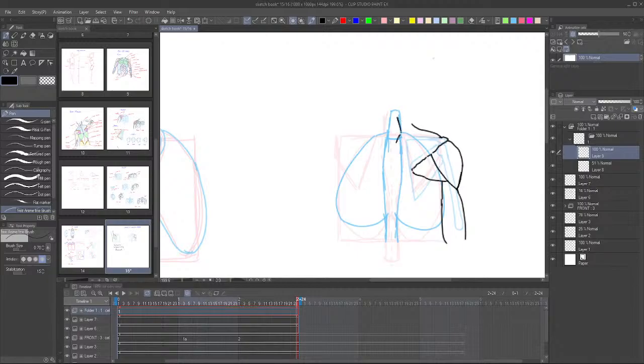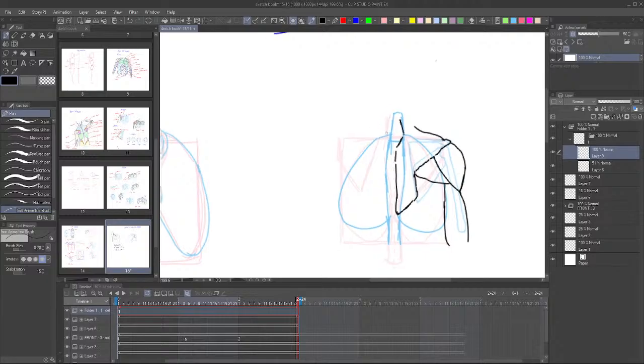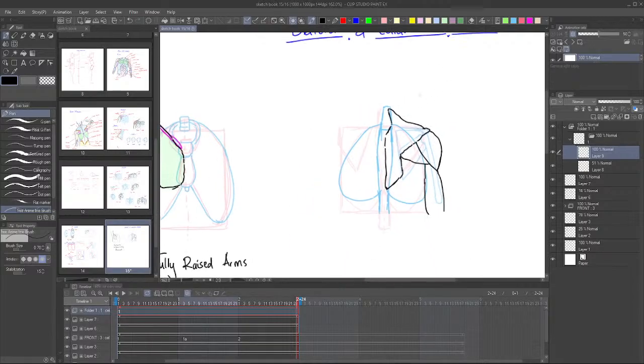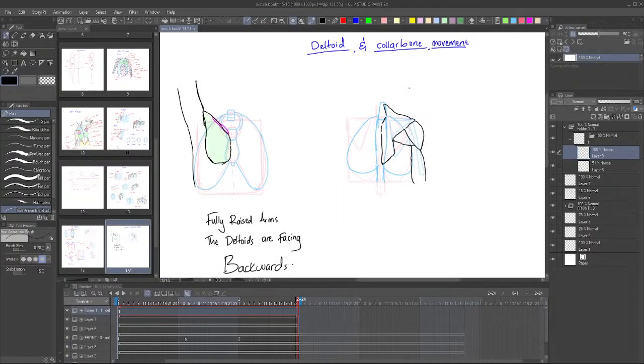So the traps usually look something of the sort.